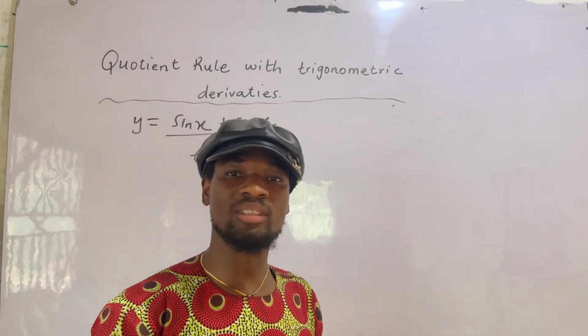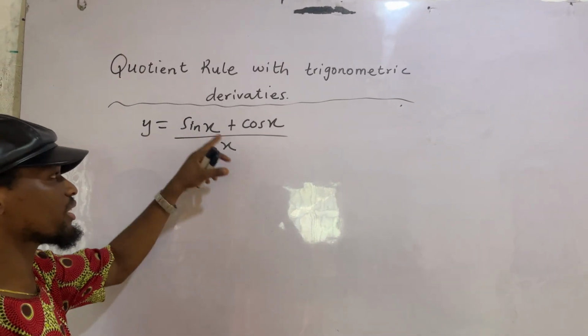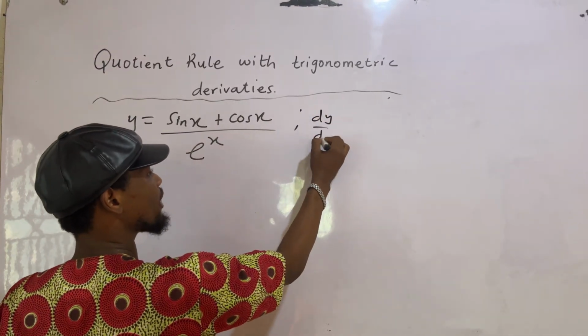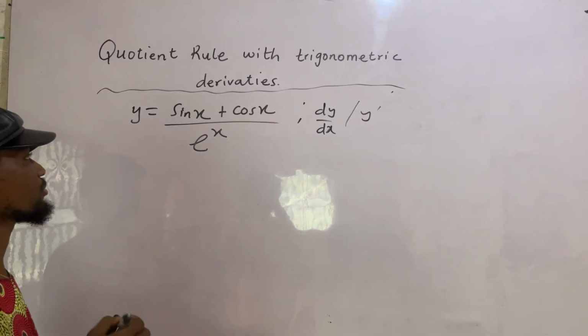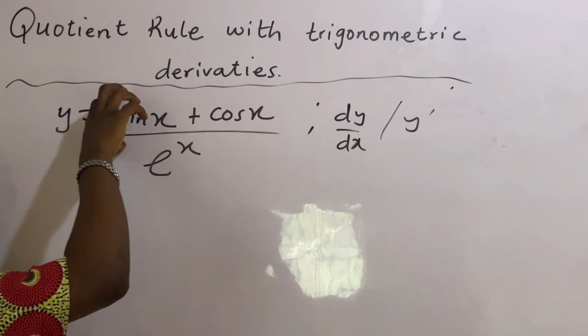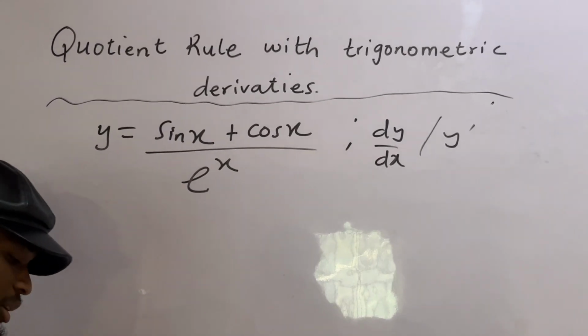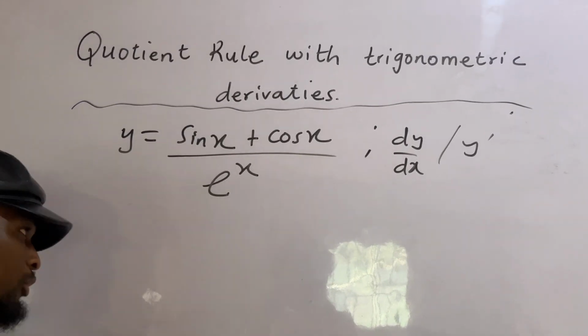Viewers, let's consider the second example. Given y equals this, let's find dy over dx, or y prime. First we have a numerator over a denominator, so we already know that we are going to employ the quotient rule.